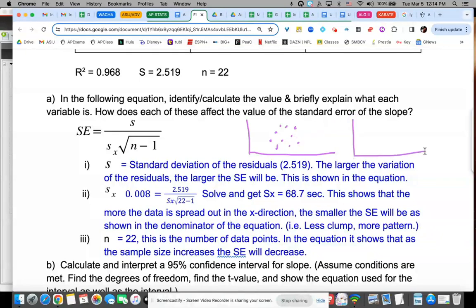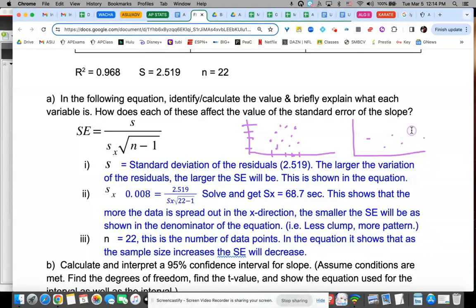But if I took the exact same y values for each of those points, but changed the x values and spread them out more, so this point might stay there, but this point I'll keep the same y value but slide it over a little bit, and then these I'll slide them out, and these I'll slide them out.